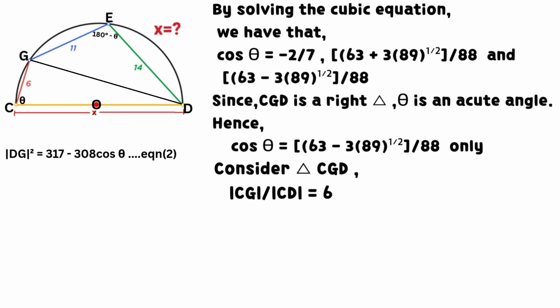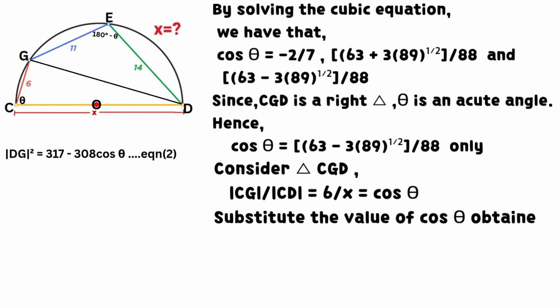Consider triangle CGD. Line CG divided by line CD equals 6 divided by x equals cosine theta. Substitute the value of cosine theta obtained. We have that 6 divided by x equals 63 minus 3 times the square root of 89 all divided by 88.